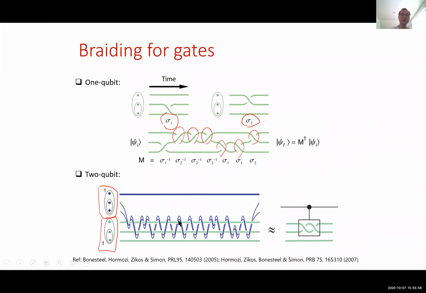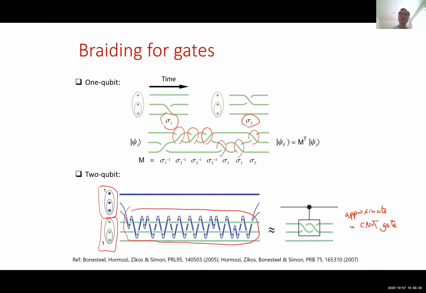There's some work I quoted here, that if you braid these 2 anyon with other anyon, and the braiding is quite complicated, this could be used to approximate a CNOT gate. Okay, I think the way that they found this is that they just use a computer program to search this braiding sequence.